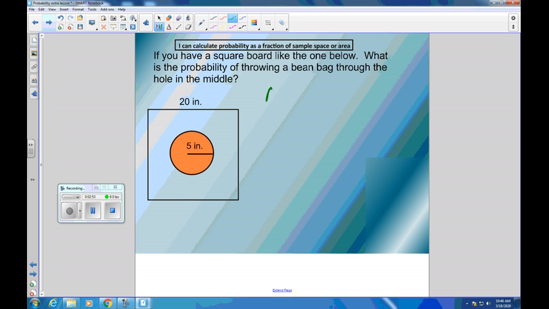So I'm going to write it like this. We have the area of the circle over area of the square. Area of a circle is pi r squared. Pi is 3.14. Our radius is 5, so 5 squared. 5 squared is 25, so I'm going to take 3.14 times 25, and I'm left with 78.5.